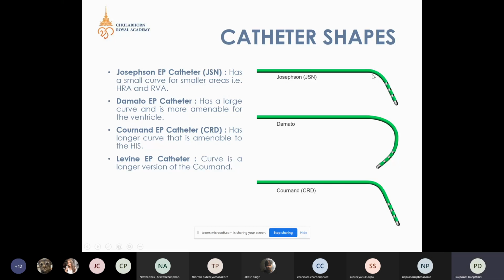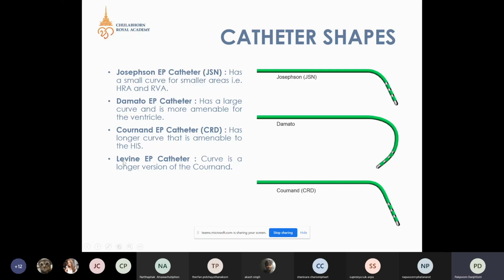The angle of the curve is similar to the Cournand EP catheter, but the Cournand has the larger curve, larger than the Josephson, right? So the larger curve of the Cournand catheter is suitable to get to the His area. Okay.